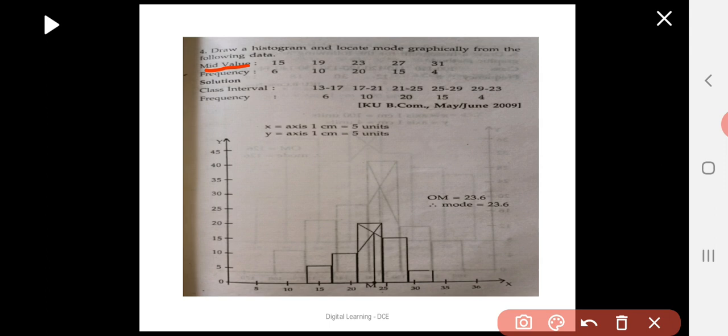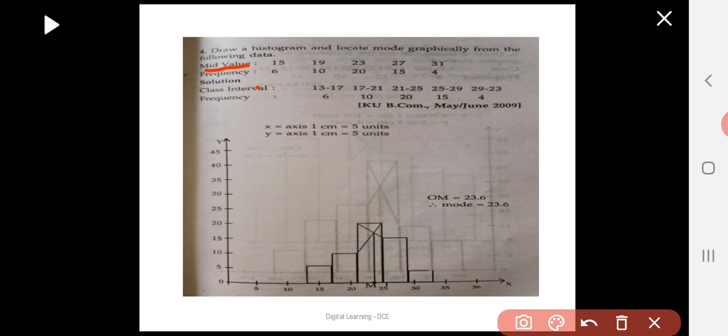So before plotting the histogram, what we have to do is convert these mid values to proper class intervals. How to do that? We have seen these conversions from mid values to class intervals in different types of problems, like in the measures of central tendency or measures of dispersion.